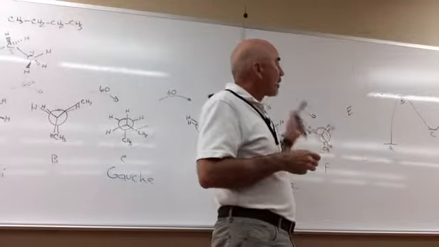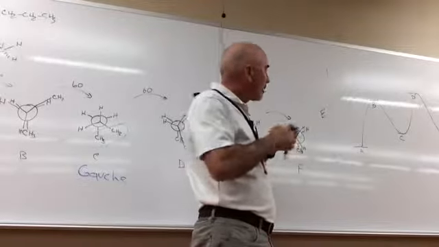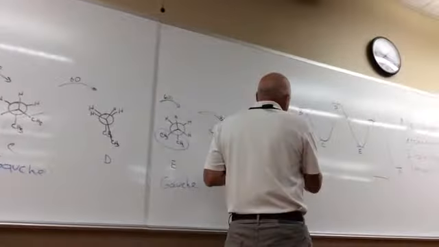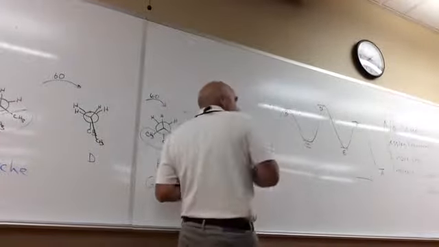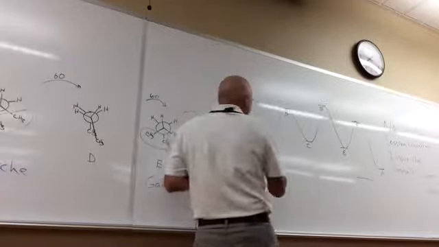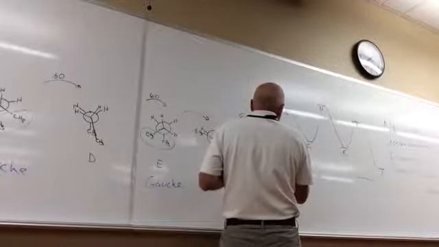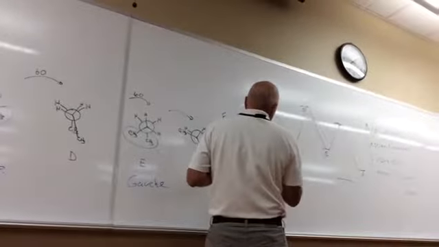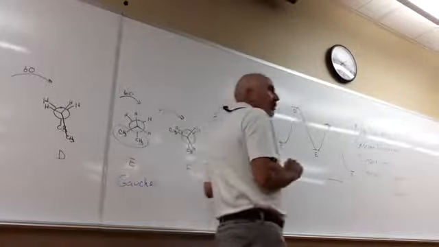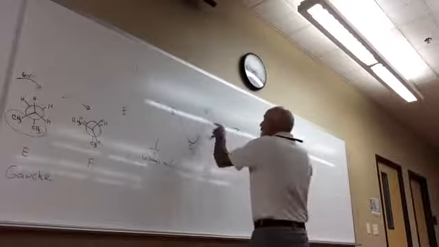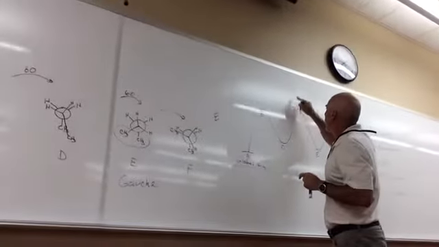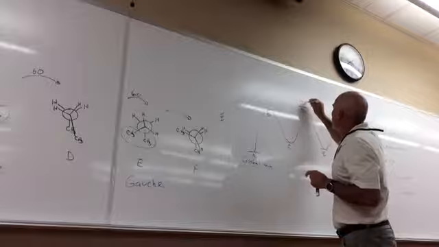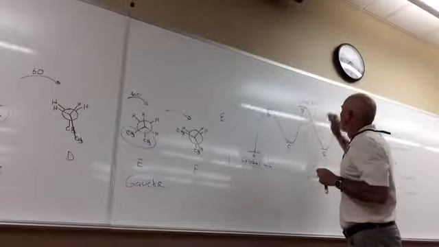Okay, so then if we were to label this graph, we would say that A here, this part of A, is the global minimum, and D is the global max.